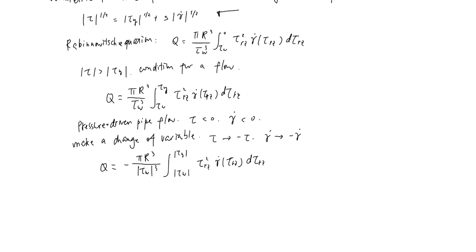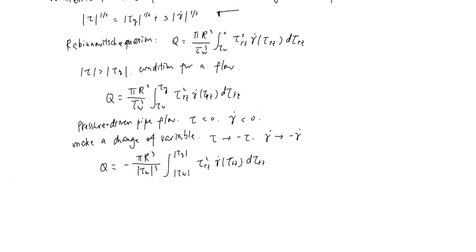So this is after the change of variable, because you will have a negative sign from gamma dot and also a negative sign from tau, and these two negative signs cancel. And the front negative sign is because you switch tau w into its magnitude, which gives you a negative sign because it's to the power of three. So that's why sign matters.